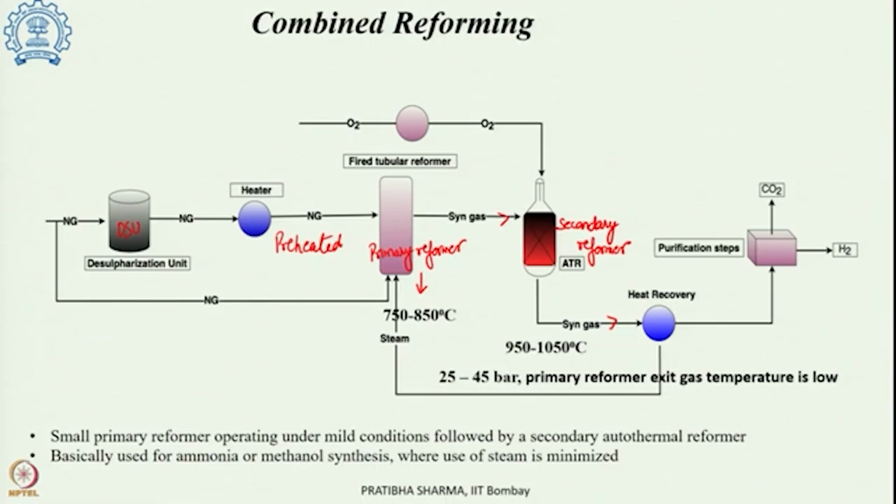The outlet gas from the secondary reformer is to be cooled. The excess heat in the syngas can be utilized for steam generation, and the syngas thereafter can undergo the various gas cleaning steps and the water gas shift reaction, so as to finally get the desired product.